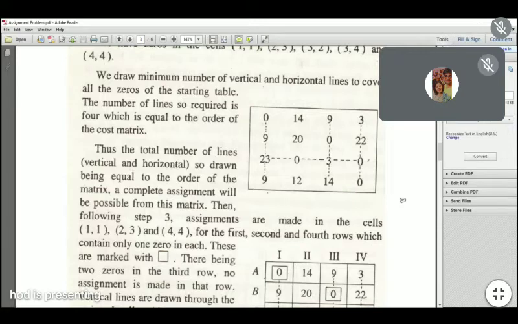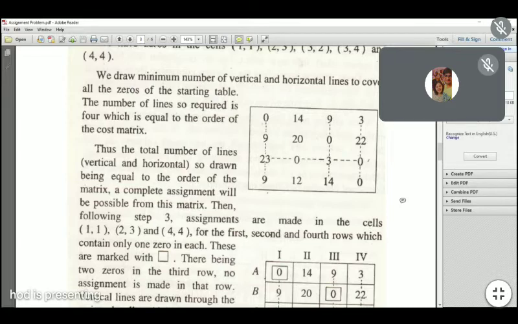Now here you will find that the number of lines drawn can never be greater than the order of the matrix. आपका 4 by 4 का मैट्रिक्स है और लाइंस ड्रॉ किए हैं 5, मिनिमम नंबर ऑफ लाइंस ड्रॉन. ओके, हैज टू बी मिनिमम नंबर ऑफ लाइंस ड्रॉन. दैट कैन नॉट बी 5. अगर आपने 4 by 4 मैट्रिक्स में 5 लाइंस डाले हैं, मतलब आपने गलत किया है.